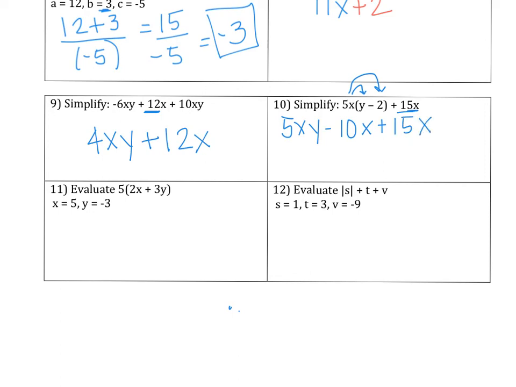Now I have to combine my like terms. The like terms are going to be right here. I have an x there and an x there, so I can combine those. This is an xy right here, so I can't combine it with these. So I'm just going to have to keep it. 5xy, and now combine these two, and that is going to give me a plus 5x.